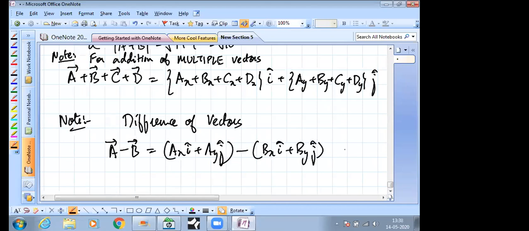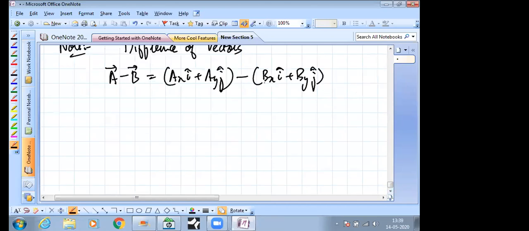So now just apply the normal principles of subtraction. When you open this bracket, the minus sign gets distributed here, and then you take i cap common. So you have Ax minus Bx i cap plus Ay minus By j cap.